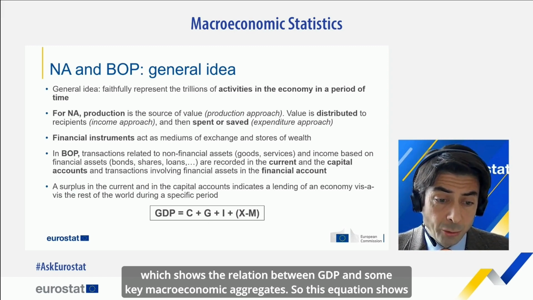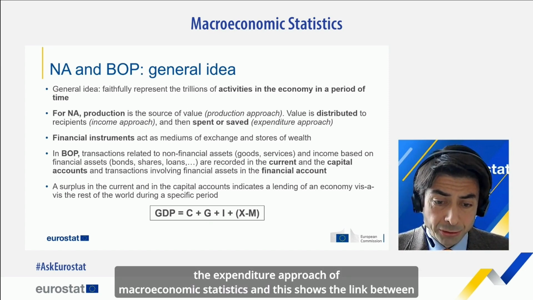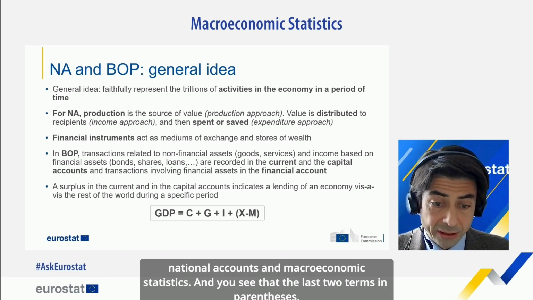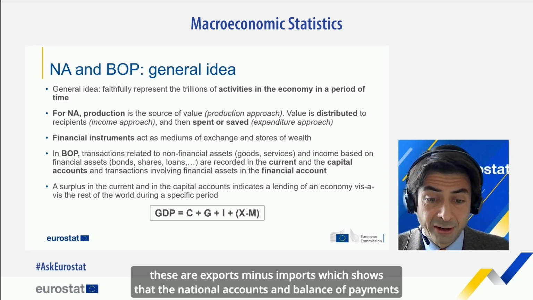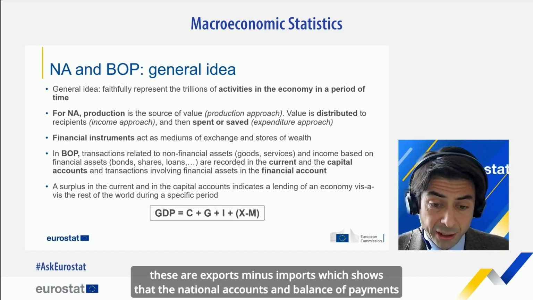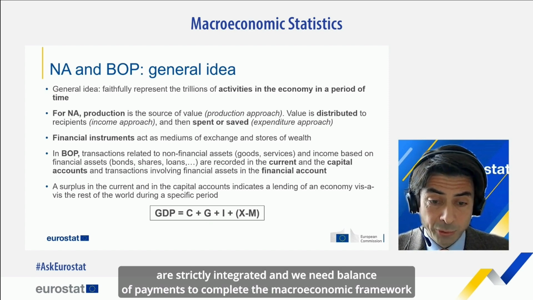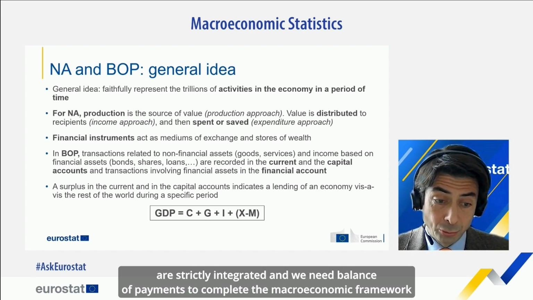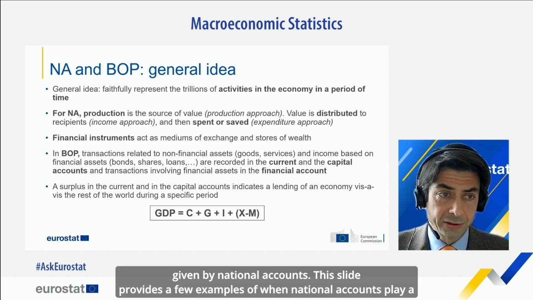So this equation shows the expenditure approach of macroeconomic statistics, and this shows the link between national accounts and macroeconomic statistics. And you see that the last two terms in parentheses, these are exports minus imports, which shows that the national accounts and balance of payments are strictly integrated, and we need balance of payments to complete the macroeconomic framework given by national accounts.